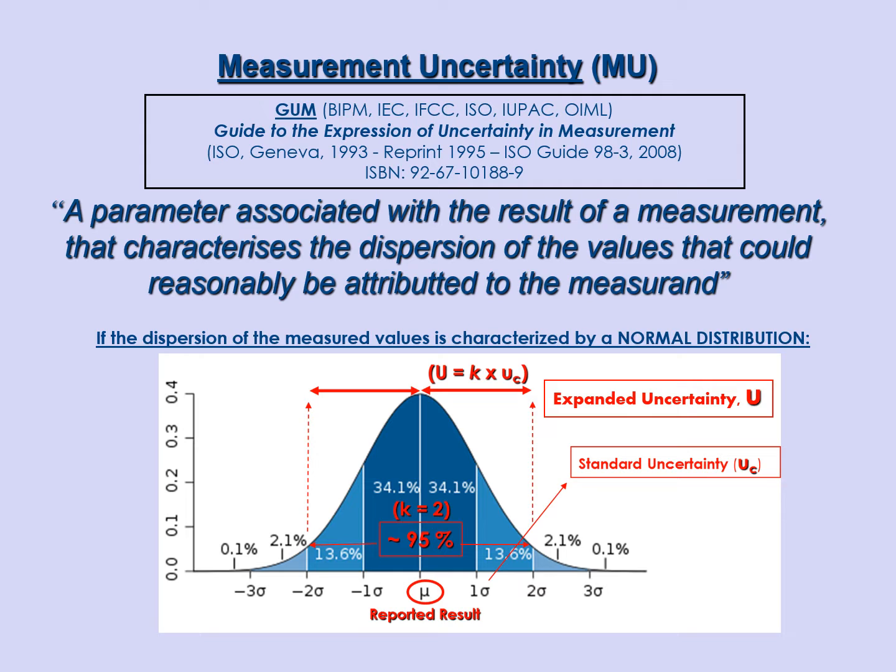This parameter may be either a standard deviation, which would be the standard uncertainty U sub C, or the width of a confidence interval, the expanded uncertainty U. The standard uncertainty and the expanded uncertainty are related by the coverage factor K, which depends on the type of distribution and the level of confidence, but it is usual to assume, by default, a normal distribution with a value of K equal to 2 for a confidence level of 95%.